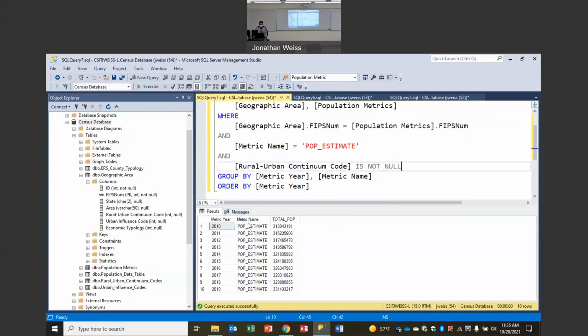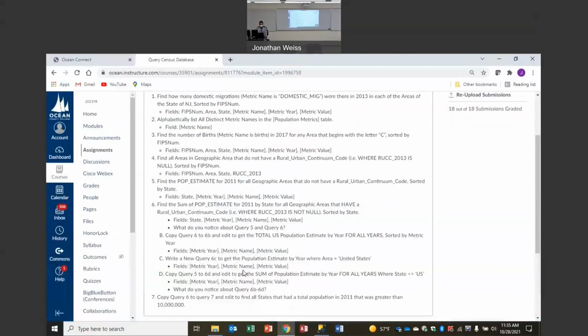Okay, so that query shows the population of the United States in 2010 to be about 313 million people, and so on for the other years. So that's query 6B. And then 6C says, write a new query to get the population estimate by year where the area equals the United States.